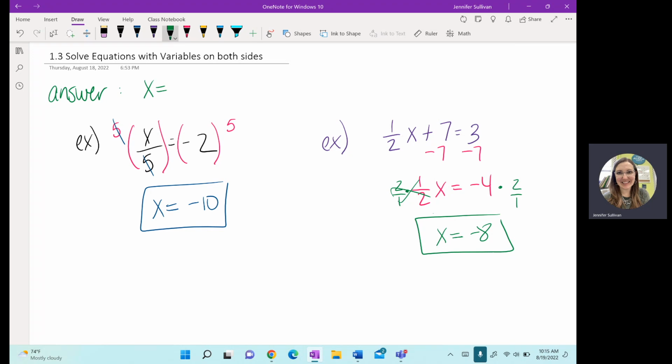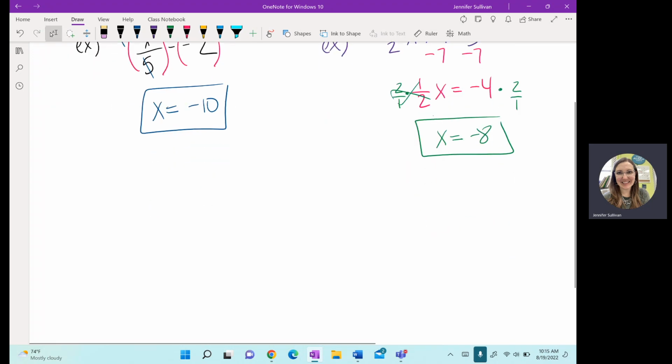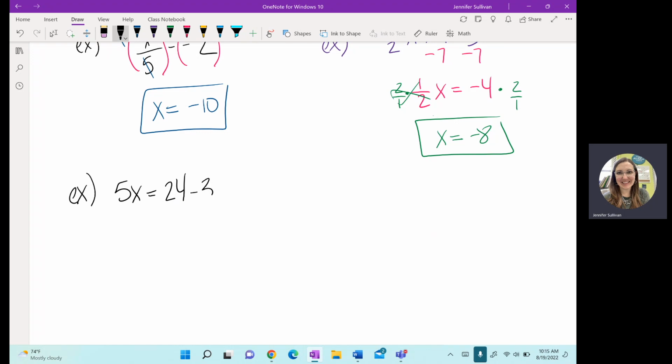The problems for today are going to look a little bit different because now I'm going to have something like this where I have 5x equals 24 minus 3x. This time, not only do we have two copies of my variable, but they're on opposite sides of the equal sign.